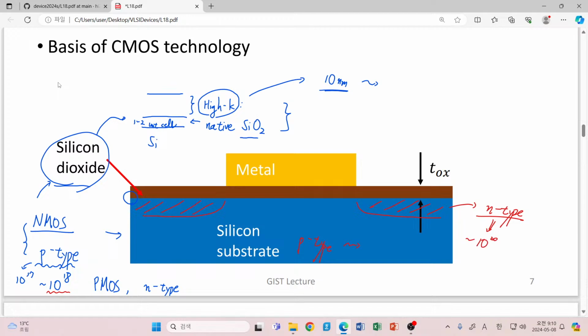So at least we have 2 orders of magnitude difference between these two parts. That's the reason why, when we consider the internal p-n junction inside our MOSFET, these p-n junctions are really one-sided.